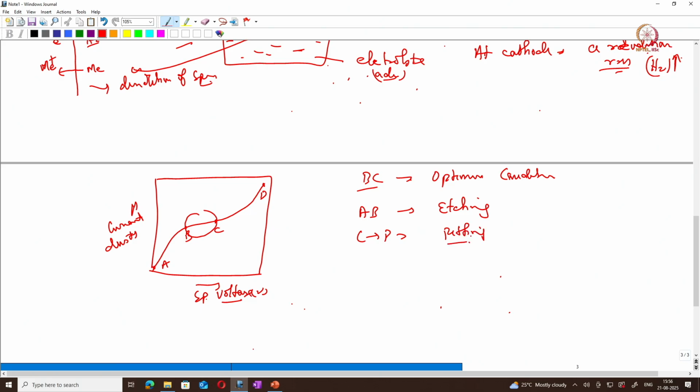Okay, so your voltage should be in the range of the optimal condition, between B and C. Okay, and the shape of this particular curve depends on the material, electrolyte used, temperature of electropolishing and the geometry of the cell.